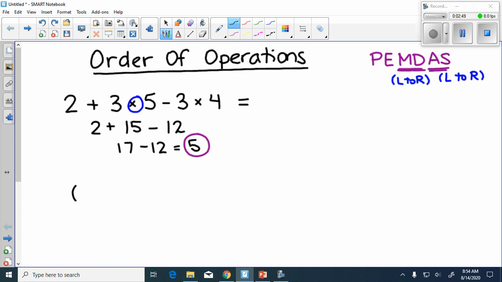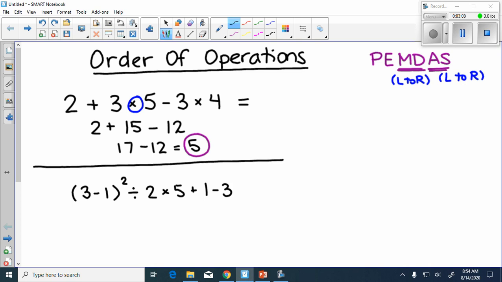So maybe we have something like 3 minus 1 squared divided by 2 times 5 plus 1 minus 3. Now on this example, we do have parentheses.